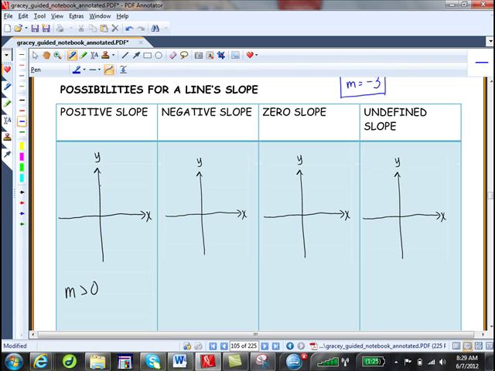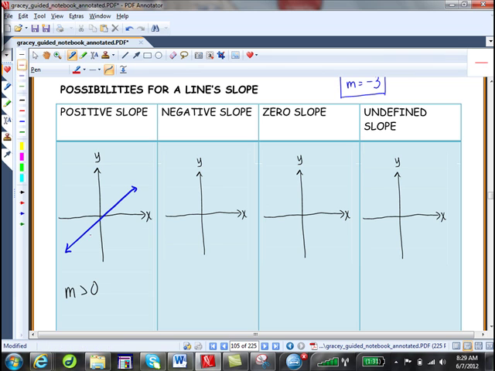As you're moving from left to right on the x-axis, if you trace along the line, you'll be going uphill. So something like this would be a positive slope.